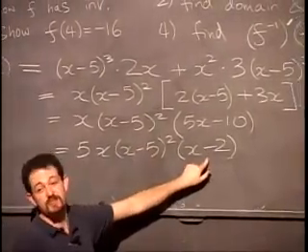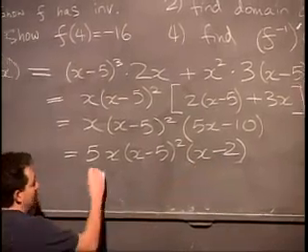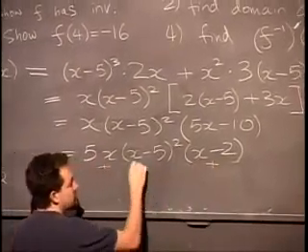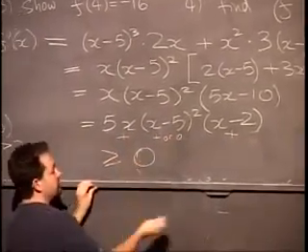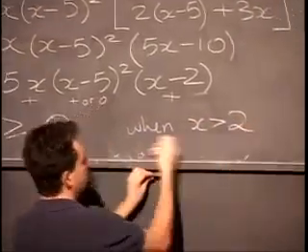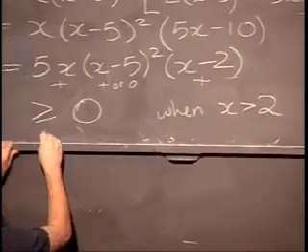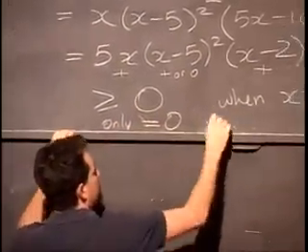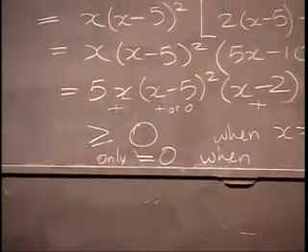What about this term, when x is greater than 2? That's positive too. So this is positive, and this is positive or 0. So the conclusion is that this is actually greater than or equal to 0 when x is greater than 2, but it might equal 0. Can it also equal 0 in the x minus 2? Well, when x equals 2, it equals 0.